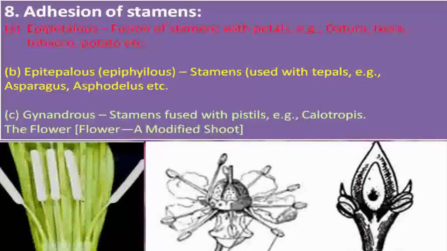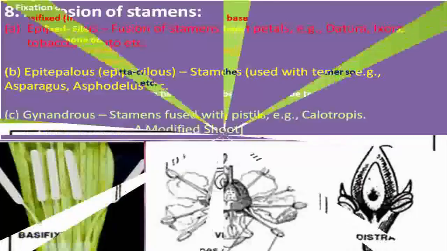It is seen in asparagus and asphodelus. And this is your epipetalous, in which the stamen is fused with the petals. It is seen in datura, ixora, tobacco, potato, etc.